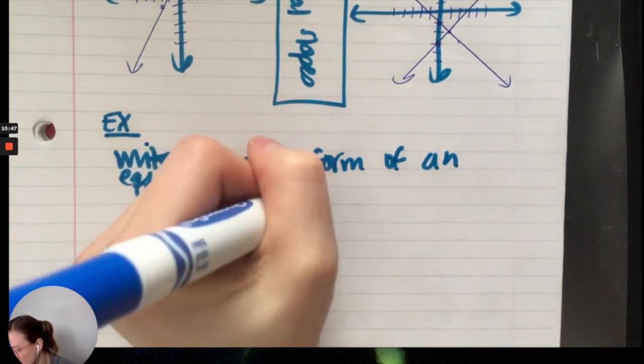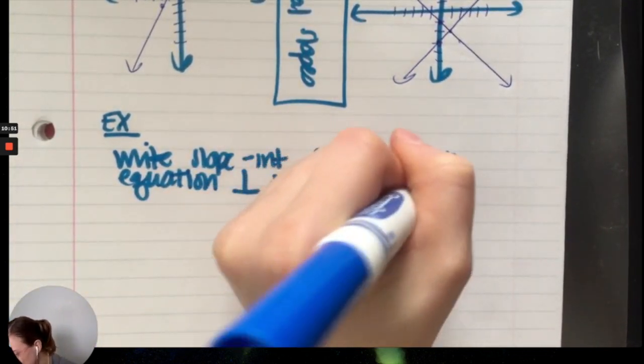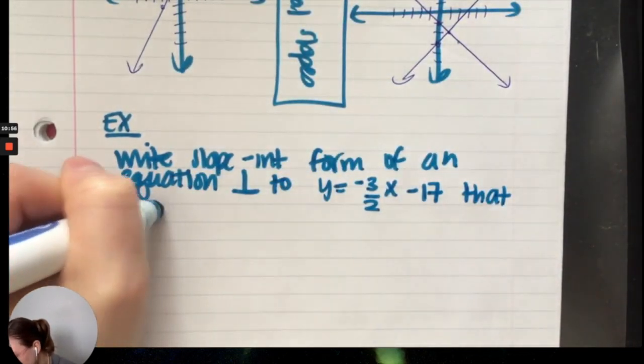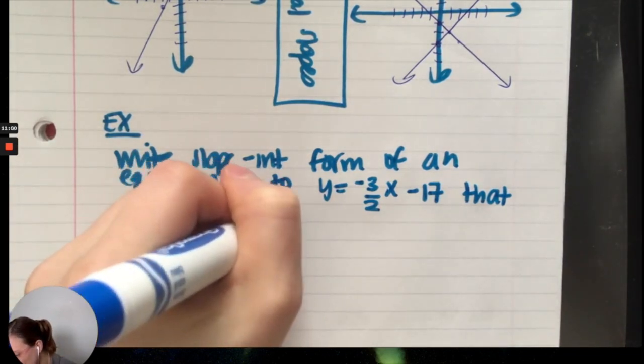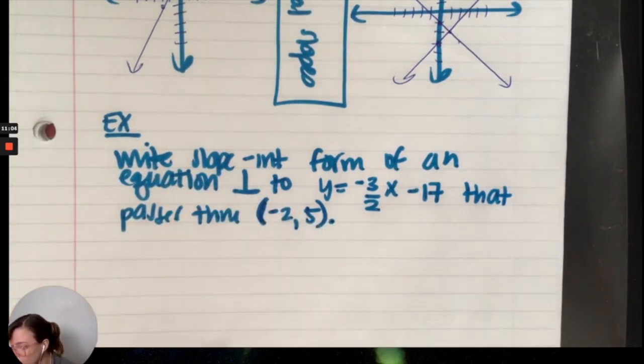Perpendicular to y equals -3/2 x minus 17 that passes through -2, 5. So last example, we were given standard form and had to rearrange to find slope.